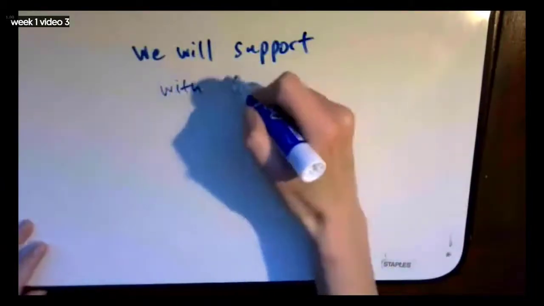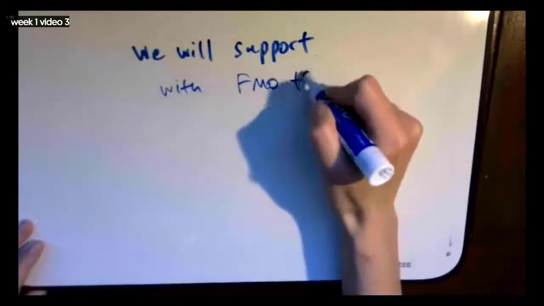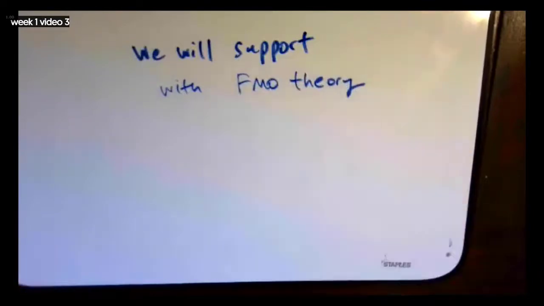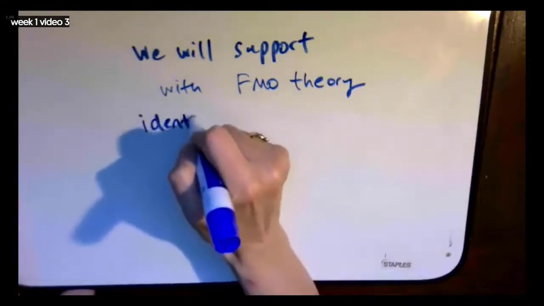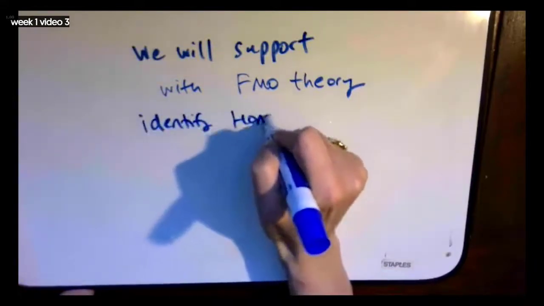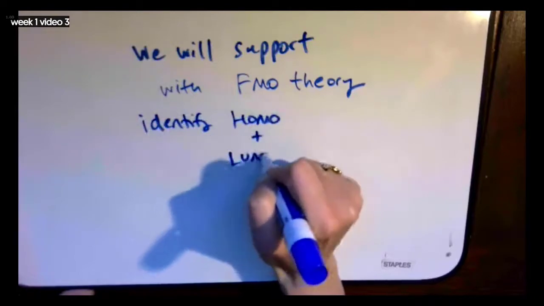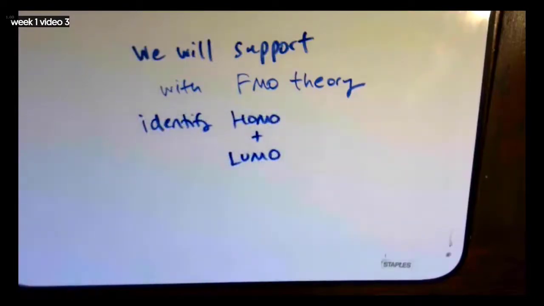We're going to support this with FMO theory, where we're going to identify the HOMO and LUMO of compounds. And that's going to help us decide whether the compound is nucleophilic or electrophilic. But again, as I said, you already have a lot of this built in to your chemical framework, and so you should trust it. Okay.